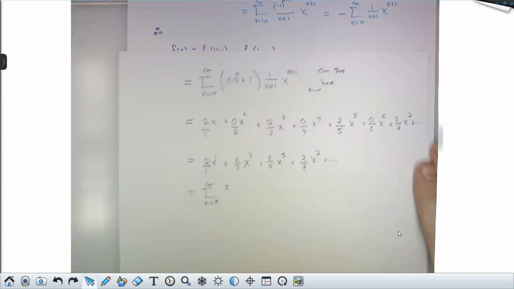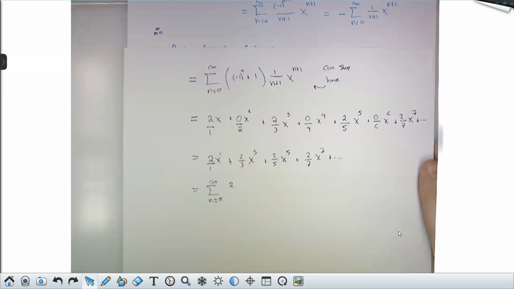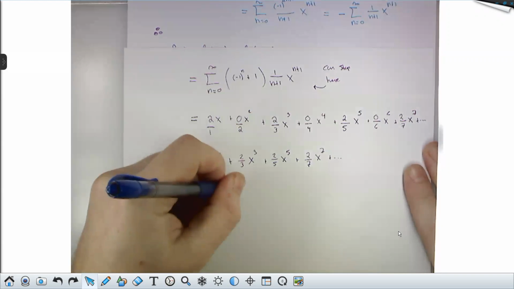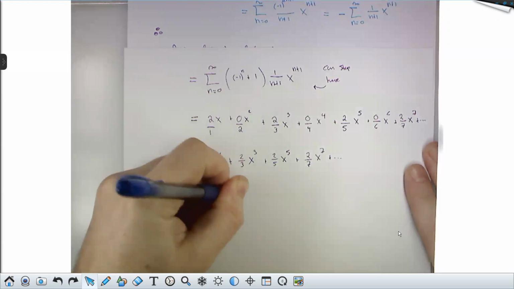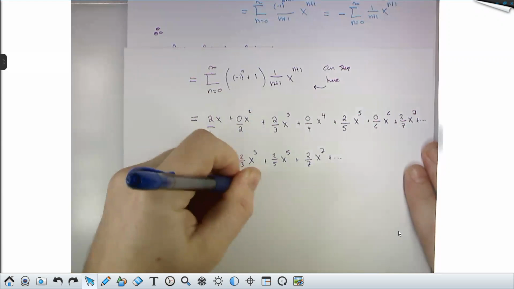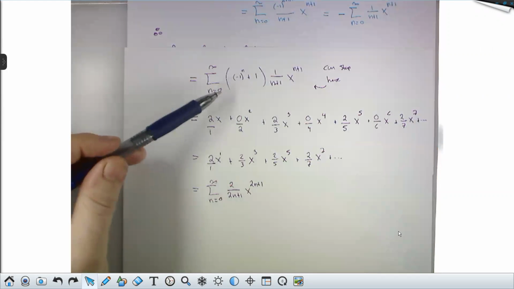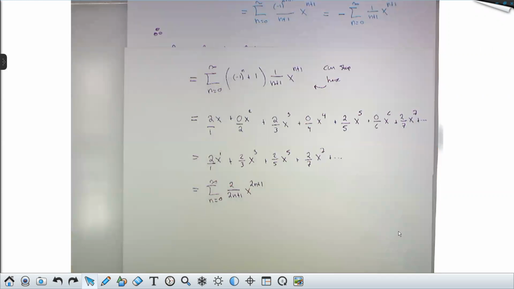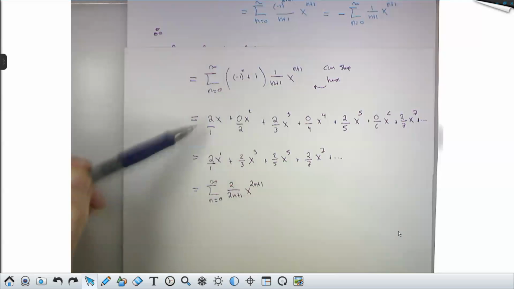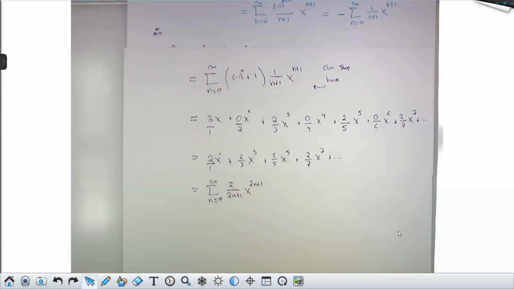So if I'm going to rewrite this as a single sum, as clean as possible, it's going to look like that, which I think is much prettier than this. But it's very hard to see that this is equal to this without going through these steps of writing them out.